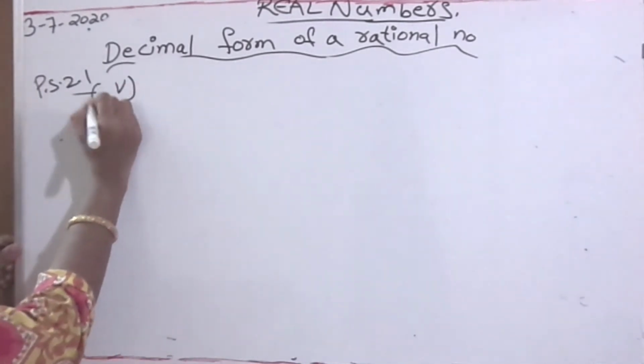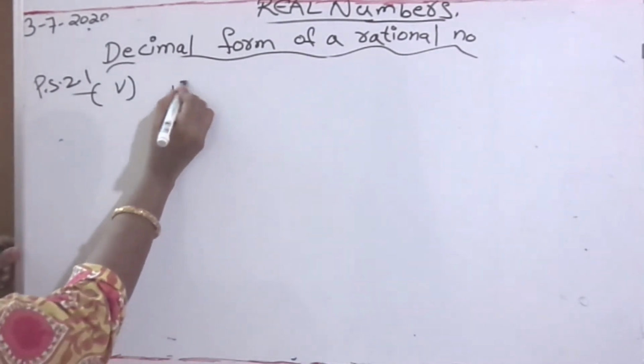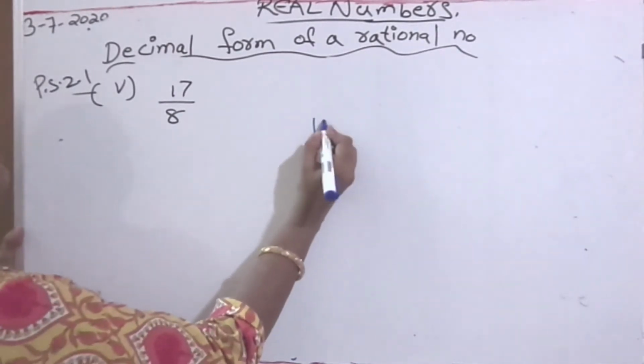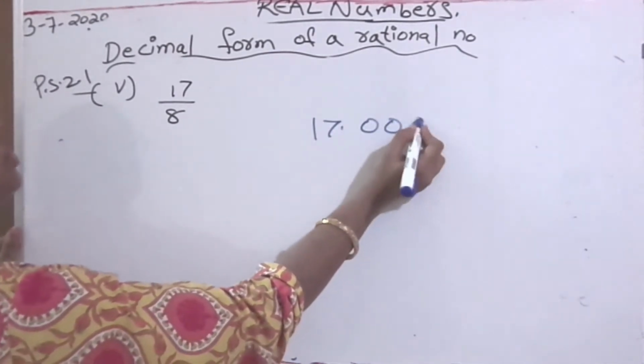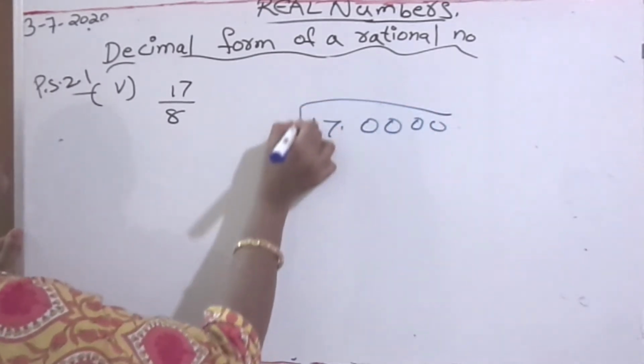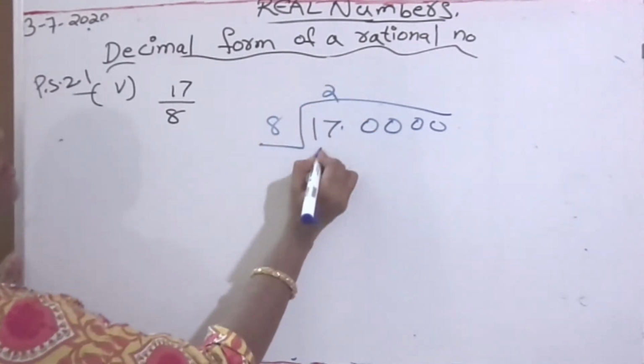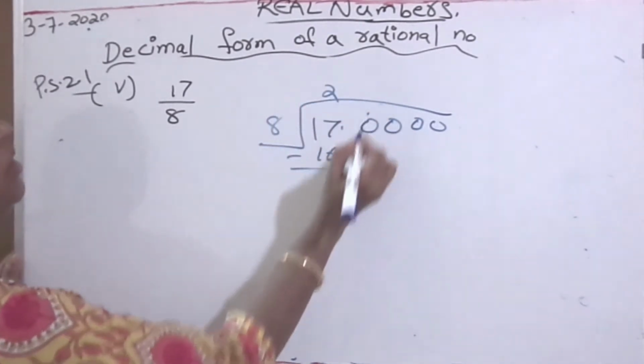Fifth one is 17 upon 8. 17.0000, I don't know how many we need, divided by 8. 8 goes in 17? Yes. How many times? 2 times. 8 2s are 16. Put on the next 0.